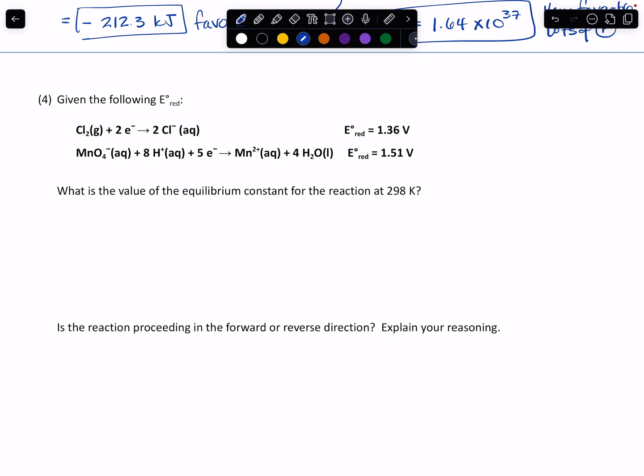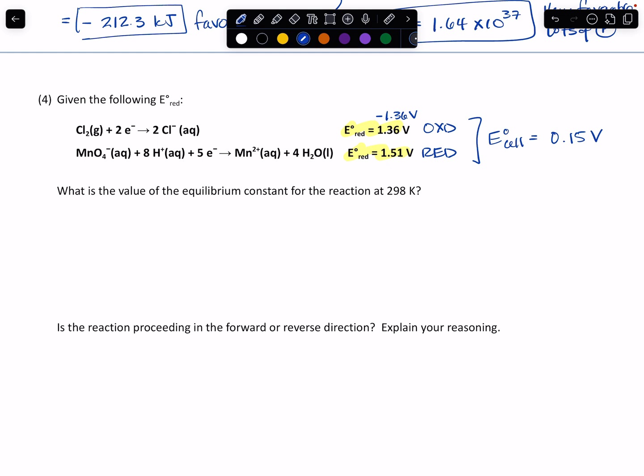I'm going to need to flip the sign of one of these reduction potentials to give myself a positive overall potential. So it's going to have to be this one. So this is actually negative 1.36 volts, which makes this my oxidation and this half reaction my reduction. With that in mind, the cell potential for this reaction is going to equal 0.15 volts.